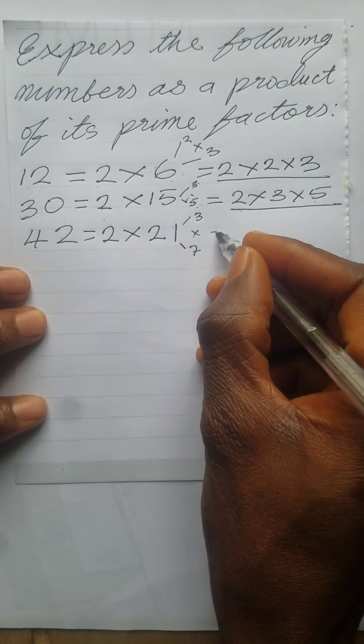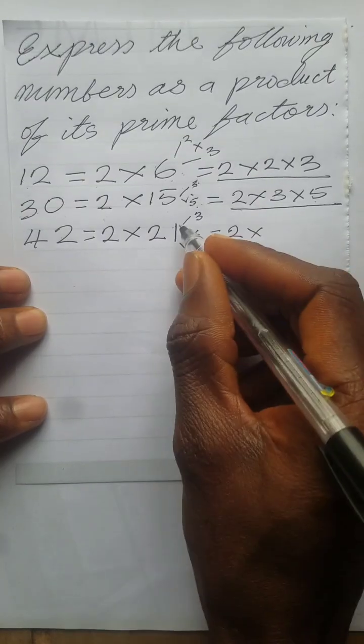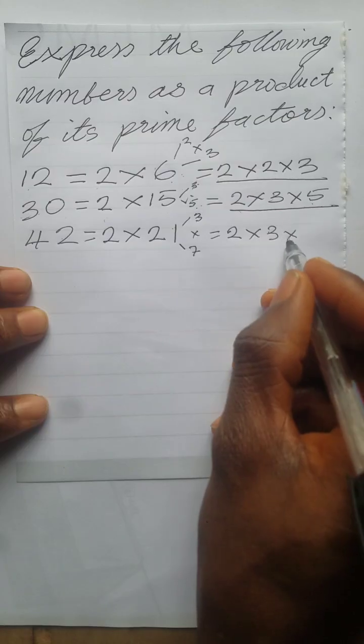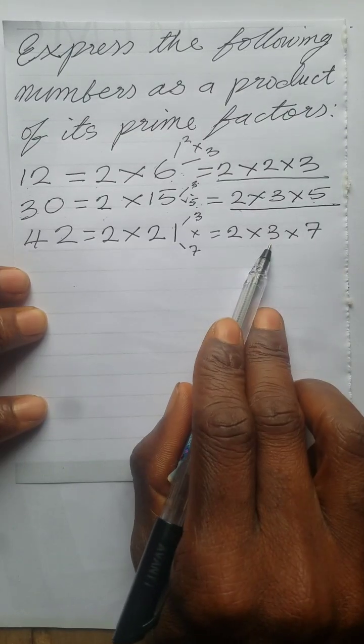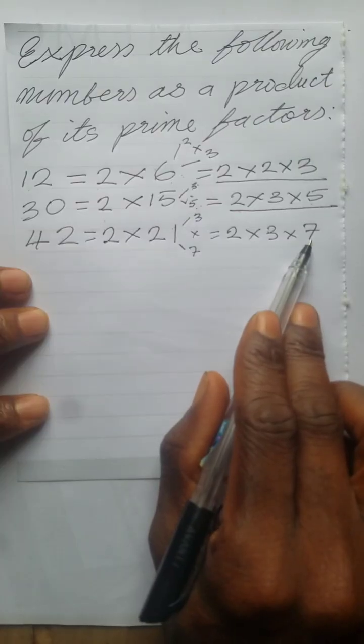So I'm going to write here 2, that is this first 2, times this 3 times 7. And I'm going to check, is this a prime number? Yes, it is. Is this a prime number? Of course it is.